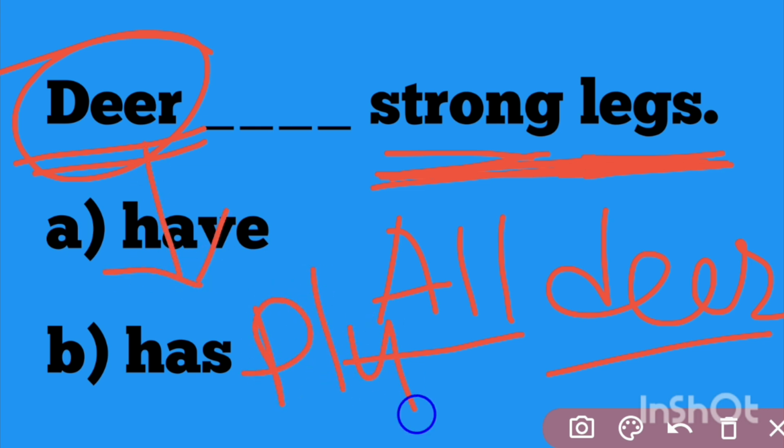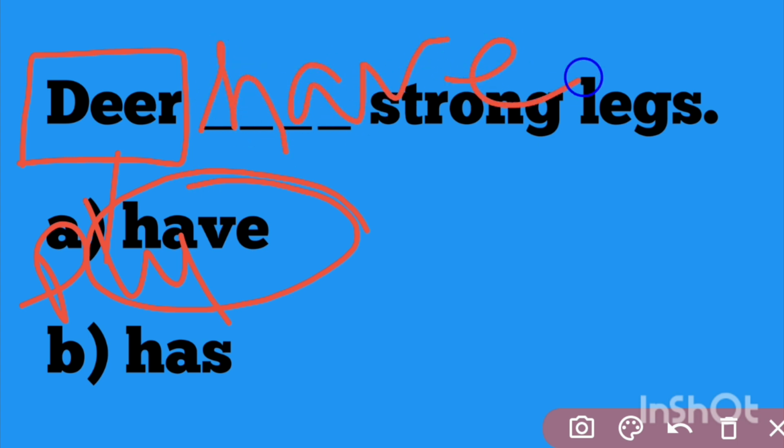That means it is deer in general. That means the word refers to all kinds of deer, all deer. That means this is plural. As it is plural, we have to choose the plural verb. Deer have strong legs. My dear friends, this is the correct answer. I think you can understand the logic behind it.